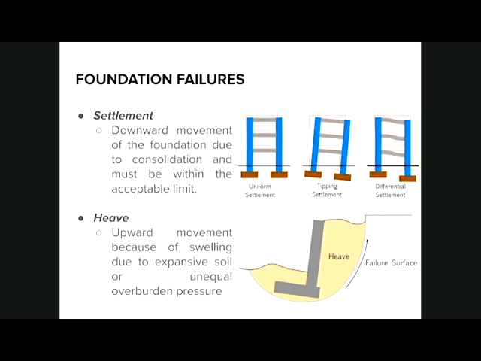Settlement is the downward movement of the foundation due to consolidation and must be within the acceptable limit. We already discussed this during the topic about compressibility.